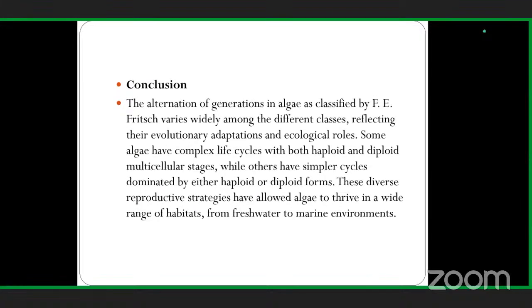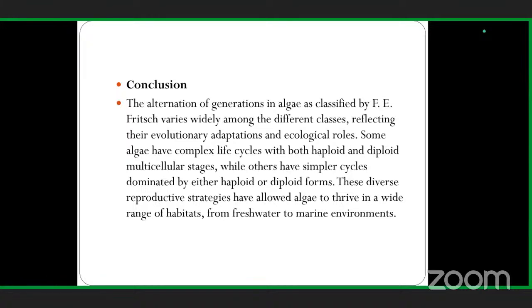So the conclusion is the alternation of generations in algae, as classified by F.E. Fritsch, varies widely among the different classes. Means somewhere you will find haplodiplontic, somewhere haplontic, somewhere diplontic, and like cyanobacteria, there is no alternation of generations, reflecting their evolutionary adaptations and ecological roles. Some algae have complex life cycles with both haploid and diploid multicellular stages, while others have simple cycles dominated by either haploid or diploid.